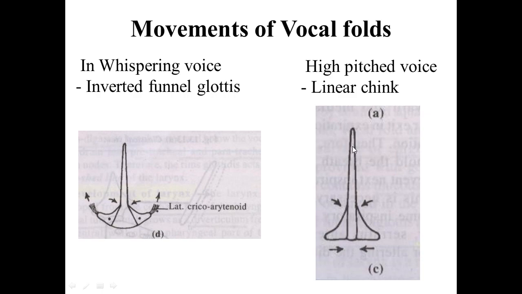So in high pitched voice, both parts become narrow and the shape of the glottis becomes a linear chink. So in phonation, the vocal cords come close to each other and there is a vibration of the vocal cords. While in inspiration, the vocal cords move away from each other.